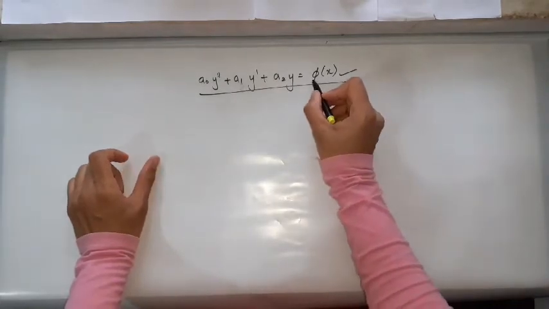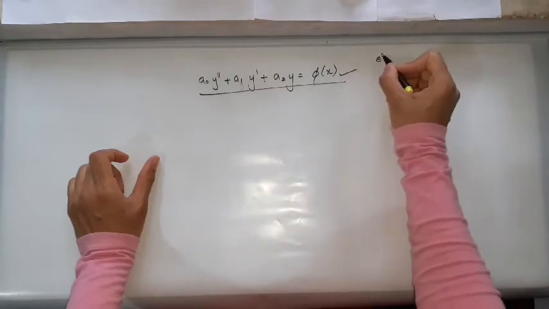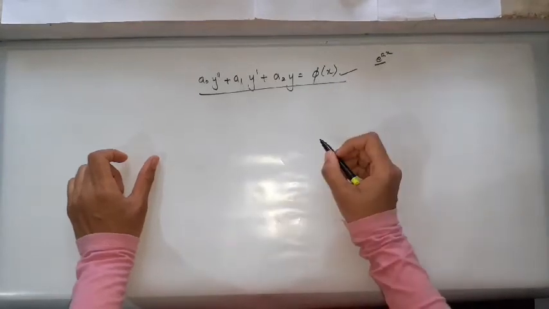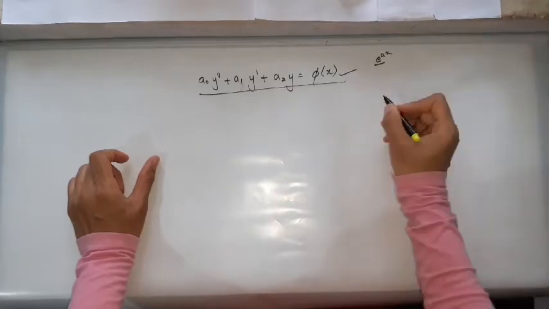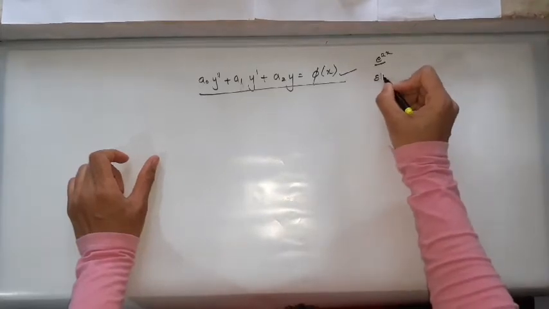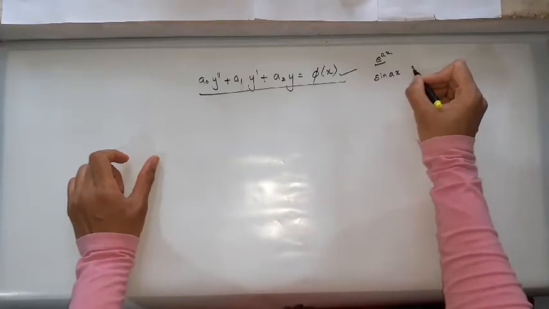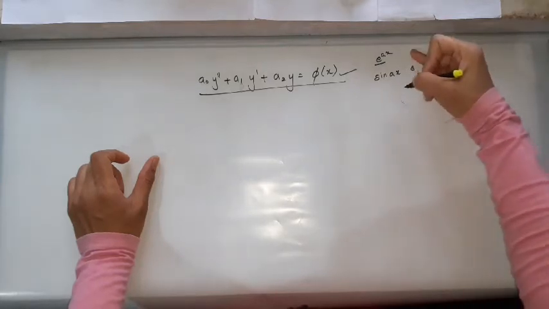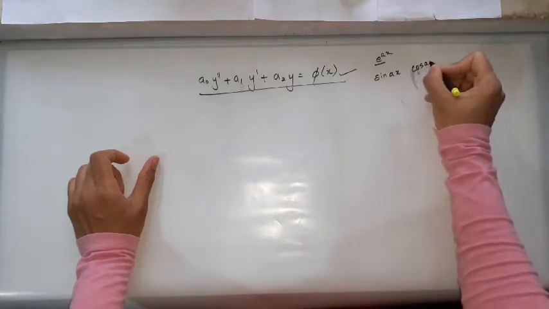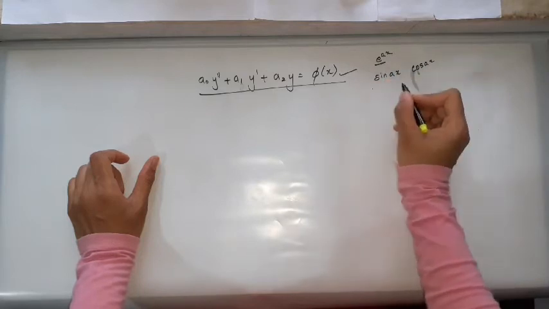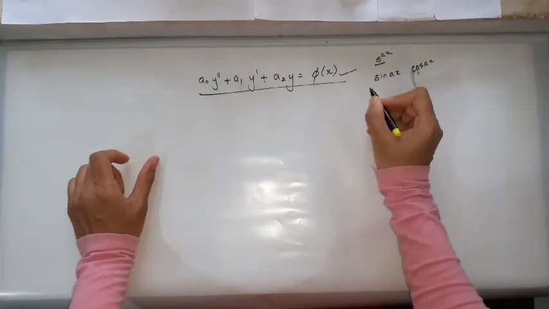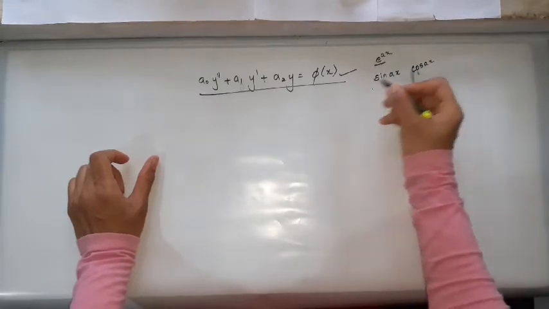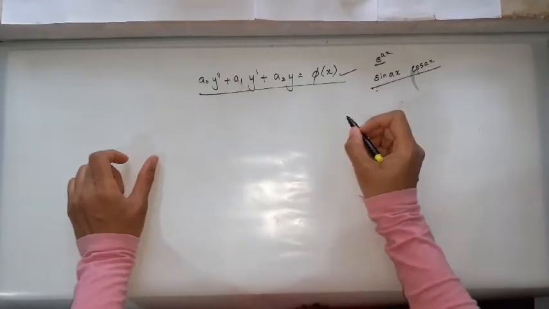For e to the power ax, we have seen how to work with the problem and how to get the solution. We also have seen when phi of x is cos ax or sin ax, what the steps are to get the solutions. We have seen this in my previous 2 sessions.